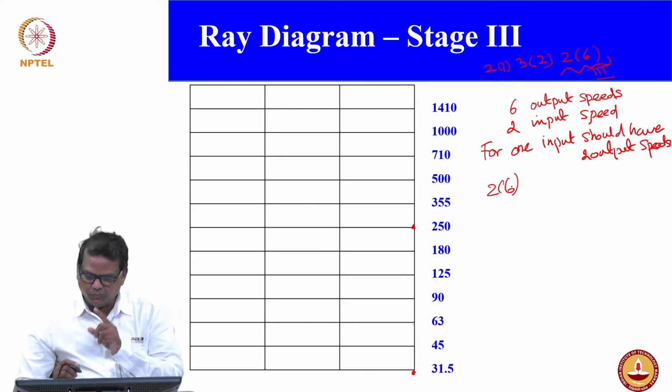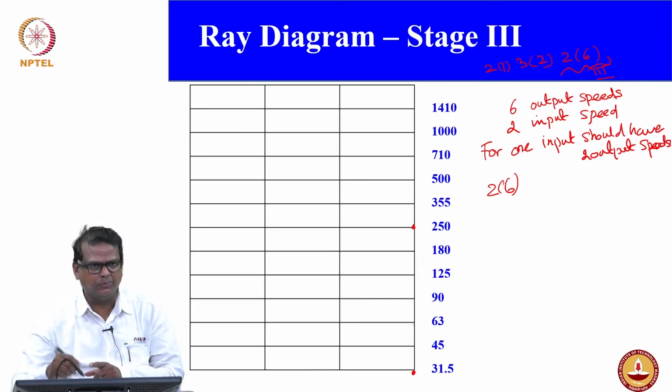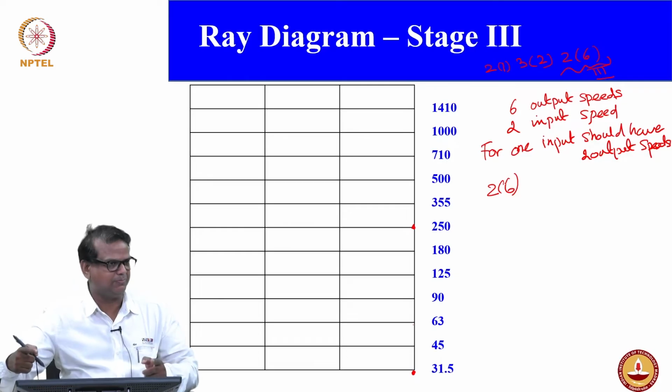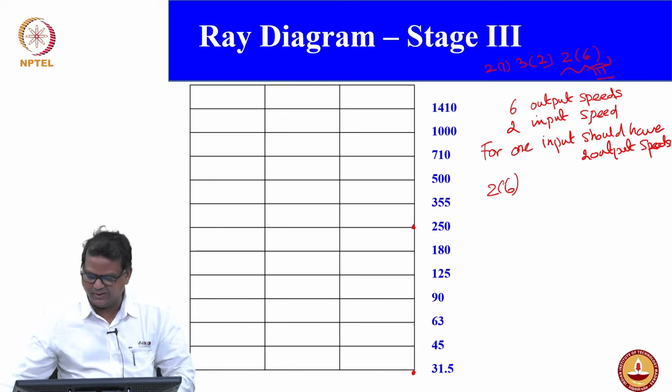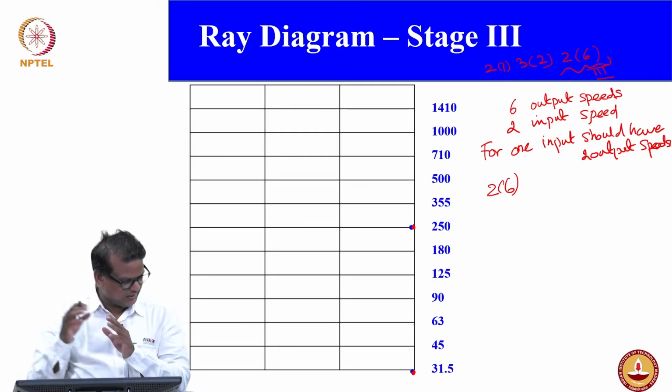So when you have one input you will get 2 outputs, and the 2 outputs should be placed 6 speeds apart. That is another piece of information you are getting from the structural formula. You can see this is one point, this is another point.